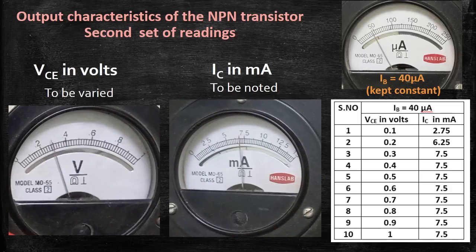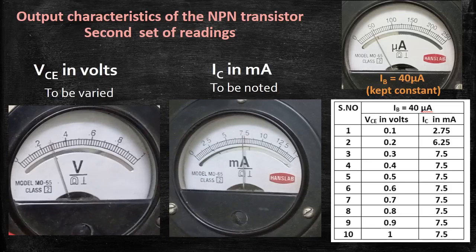Are you clear? Again you check the IB value. It should be kept exactly at 40 microampere. It is at 0.3 volt. IB is at 40 microampere. Note down the reading now. 10, 20, 30. 30 into 0.25, 7.5.